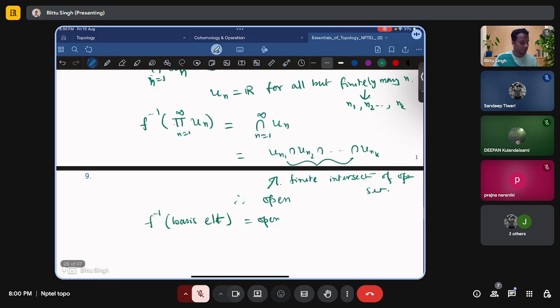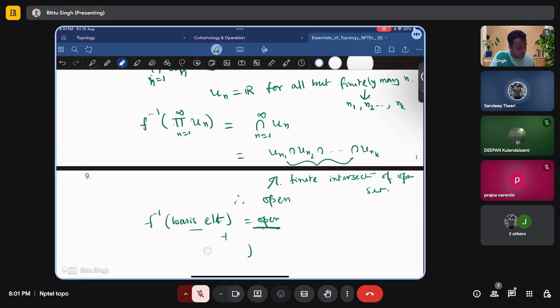Why? Because any open set can be written as a union of basis elements. So if you can prove this is open for a basis element, then f inverse of an open set is the same as the union of f inverse of basis elements, which is a union of open sets, which will be open.